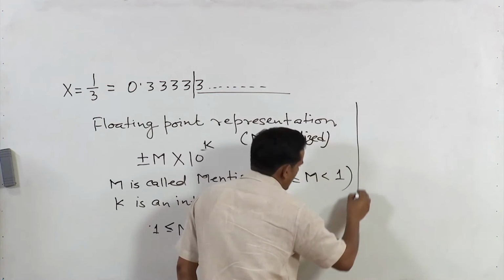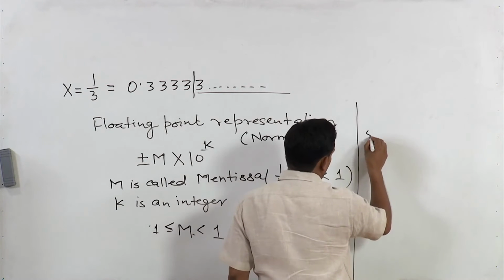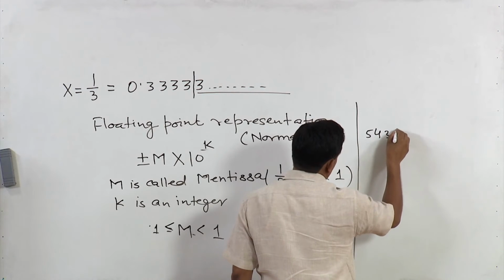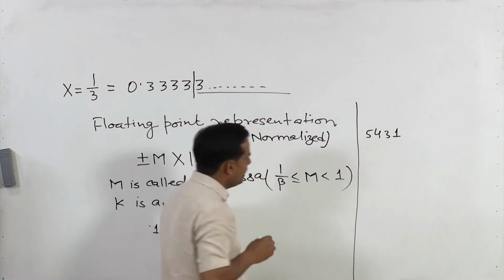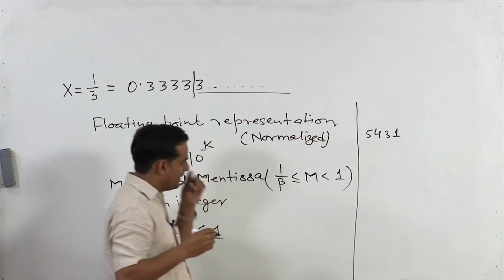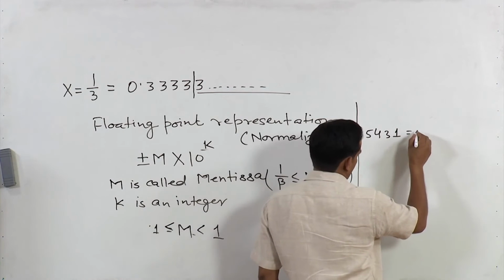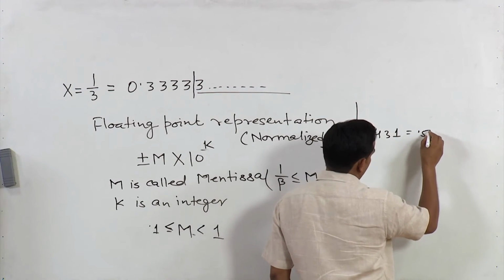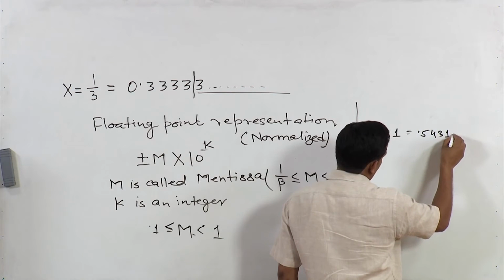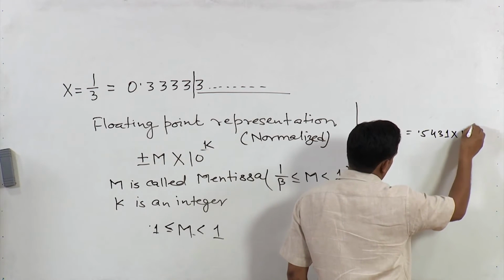So for example, if I have a number, let us say 5431, in floating point form this number can be written as 0.5431 into 10 raised to power 4.